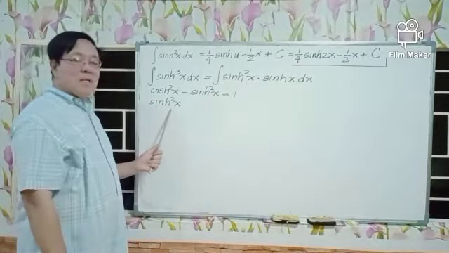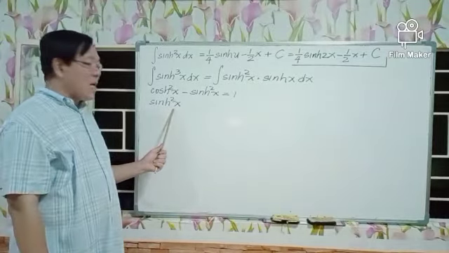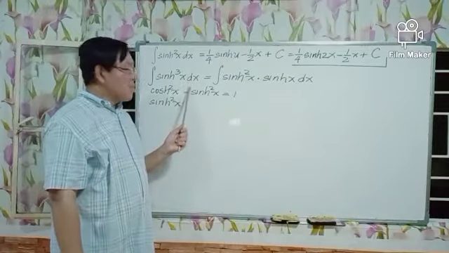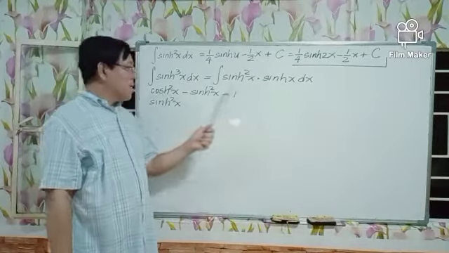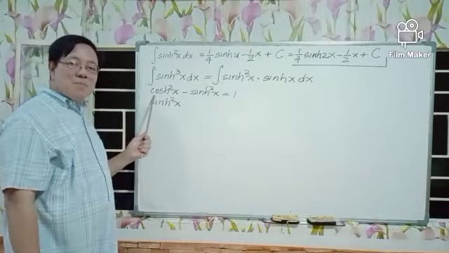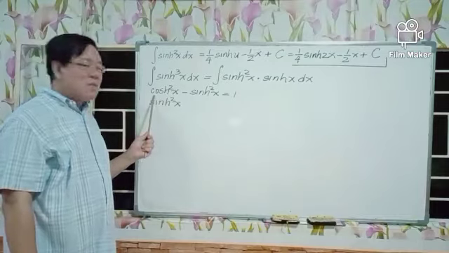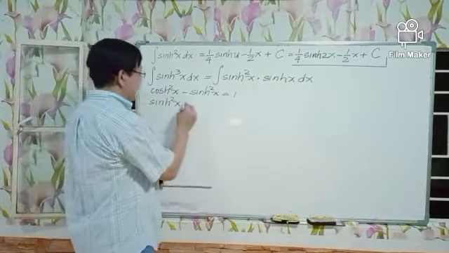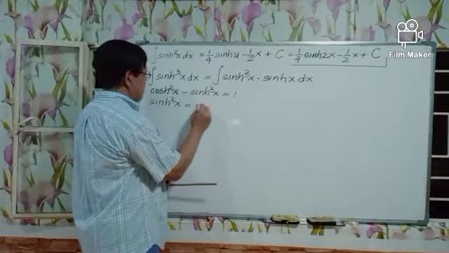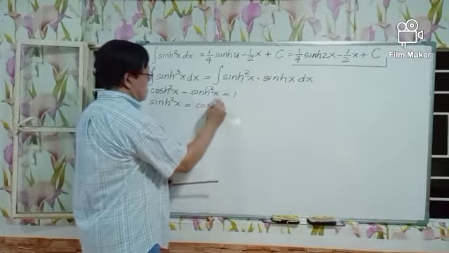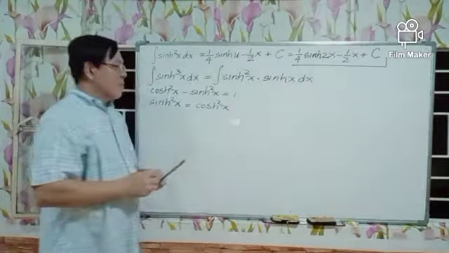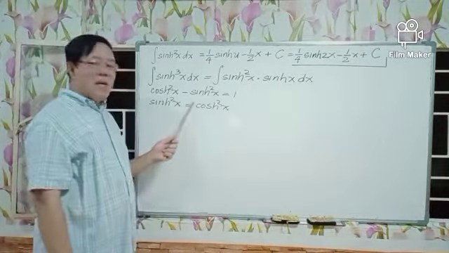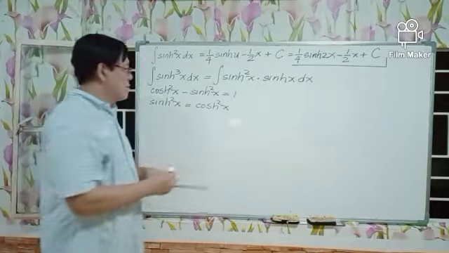This positive square of hyperbolic sine of x is obtained by transposing negative square of hyperbolic sine of x to the right. At the left hand side, we have the square of hyperbolic cosine of x. And we transpose positive 1 to the left hand side, we get minus 1.